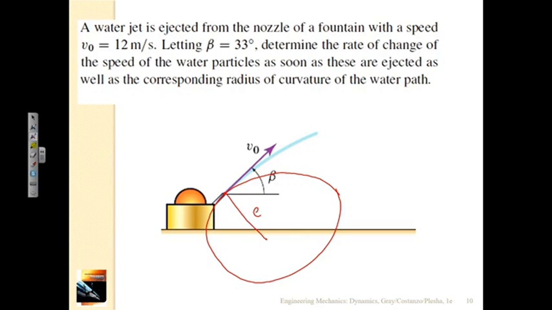So I've got my acceleration is given as minus g in the j direction. I know what my acceleration is because projectile motion. But if I want v dot and v squared over rho, if I want rho, I need to get this acceleration not in terms of y, but in terms of n and t.